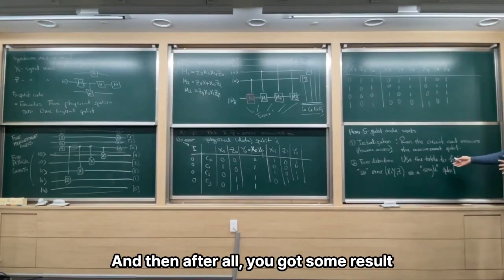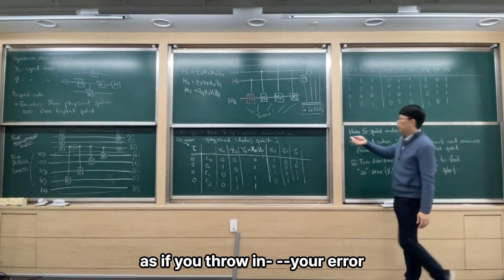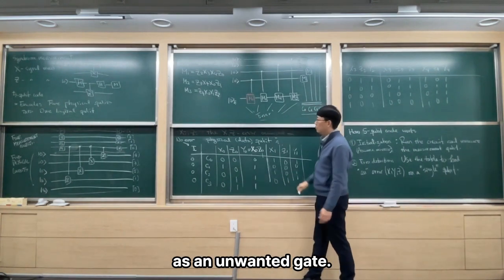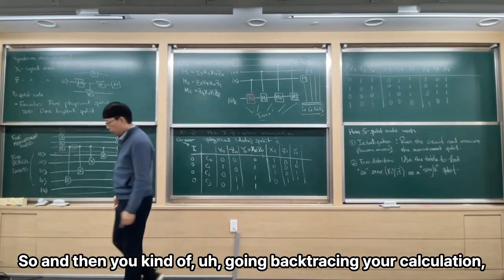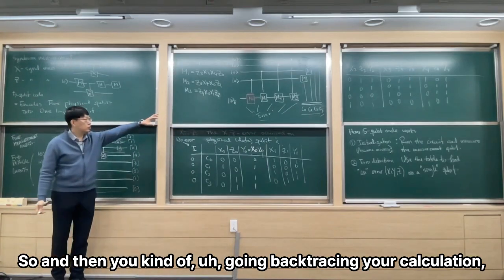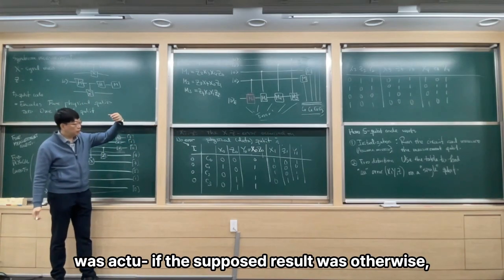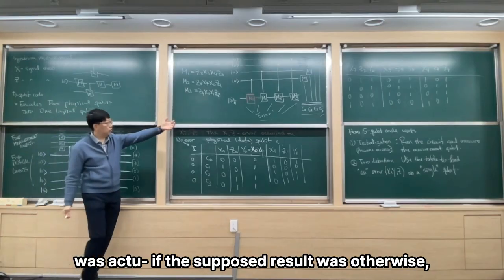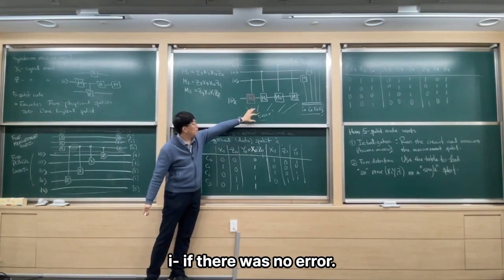And then after all, you got some result, and you recalculate as if you threw in your error as an unwanted gate. So you go back, tracing your calculation, to see what the supposed result would be if there was no error.